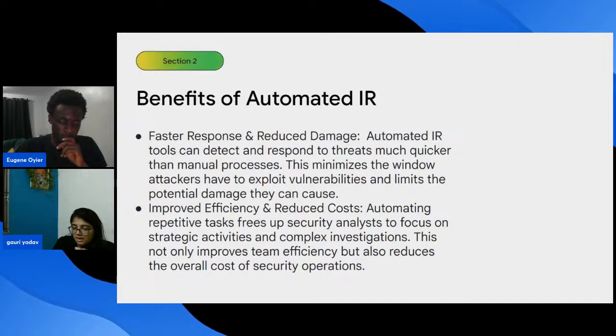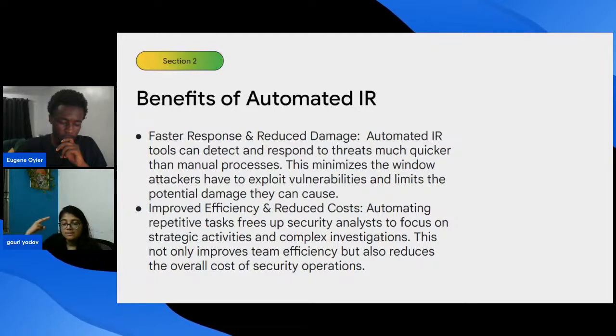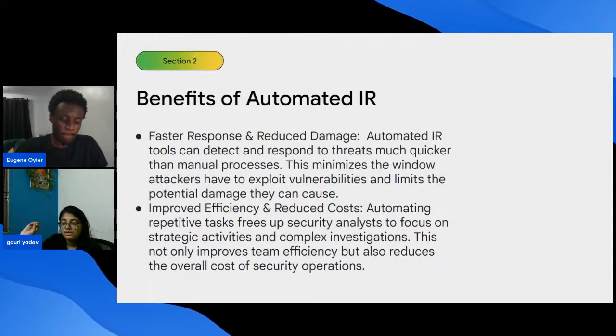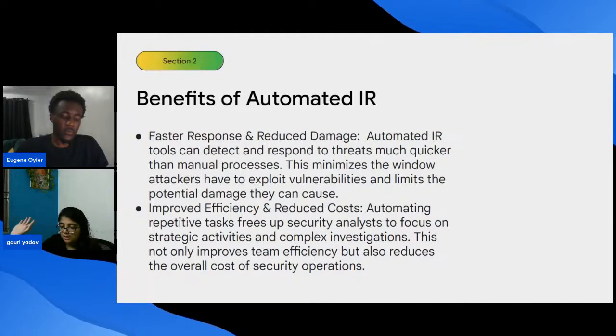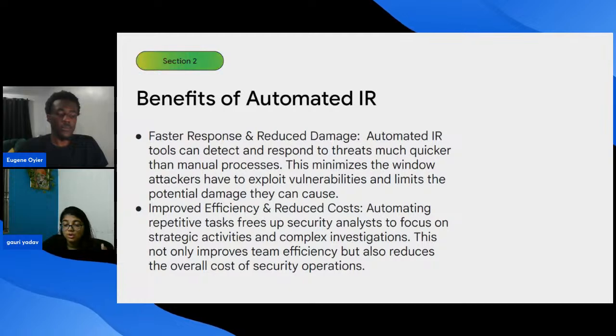The benefits of automated IR: we have reduced response time. Automated IR processes respond to incidents faster, minimizing the potential impact. Then consistency: automated workflows ensure consistent and effective responses. Then resource efficiency: by automating repetitive tasks, security teams can focus on more complex and strategic activities required by a company to strengthen its security posture.